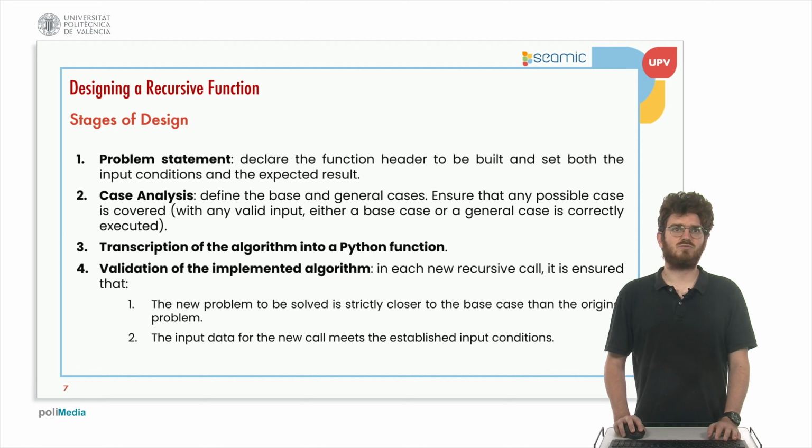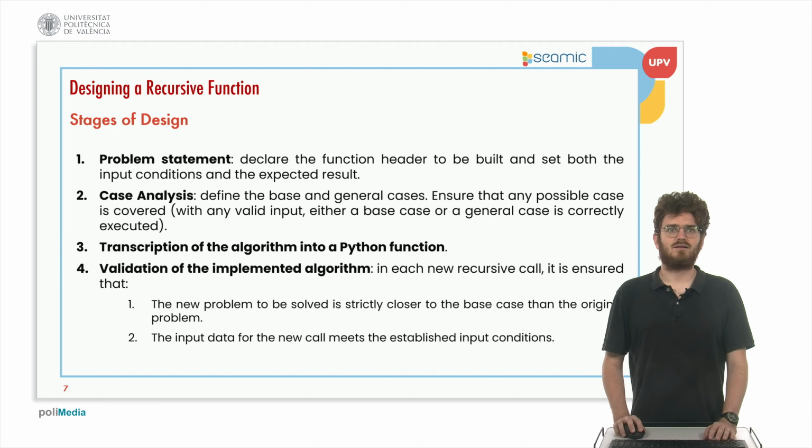The case analysis means that you need to define properly both cases and then find out if those two or maybe additional conditions in the general or the base case are needed to cover any possible input to the function. Then you need to translate this description of the algorithm from your own head, or mathematics, or a sheet of paper to actual Python code and write a Python function.